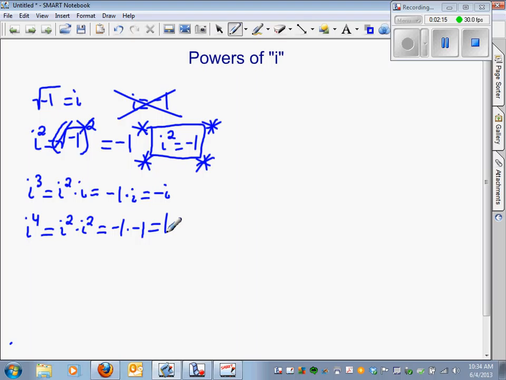We could continue in this manner to determine powers of I. I to the fifth would be I squared times I squared times I. Each of those I squareds is equivalent to -1, times I. -1 times -1 times +I would equal +I.